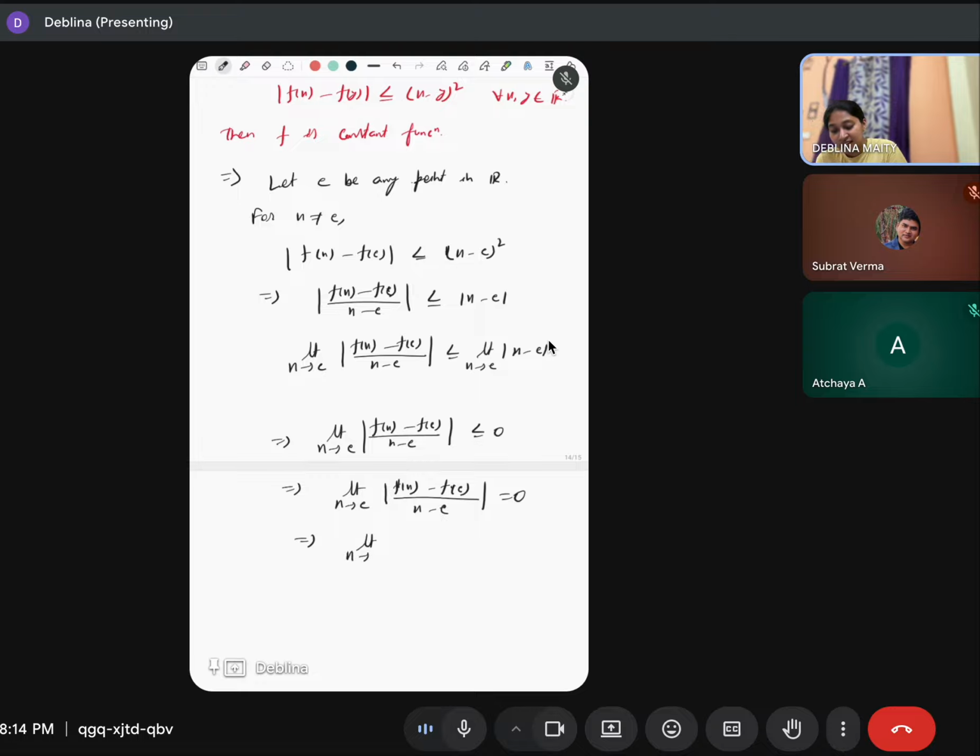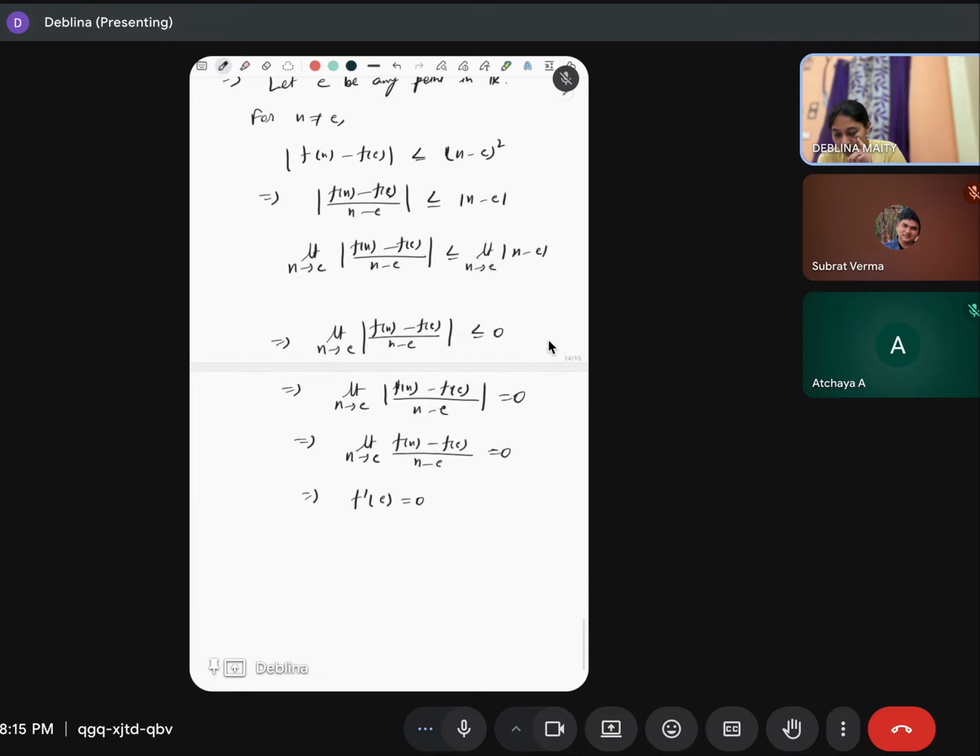And the limit as x goes to c of the modulus of this is 0 means this is also 0, right? So the derivative of f at the point c exists and it is 0. So this implies f dash c equals 0. Right?